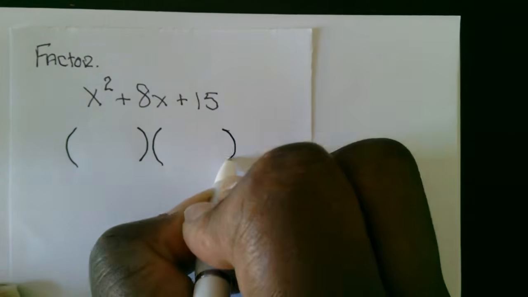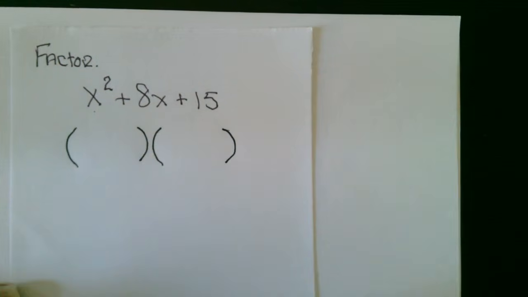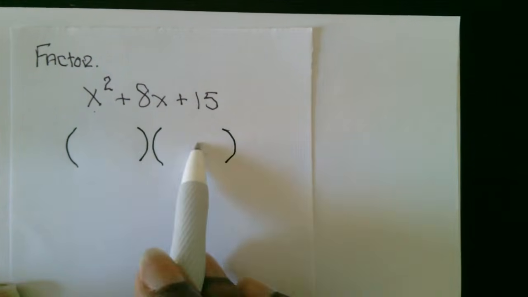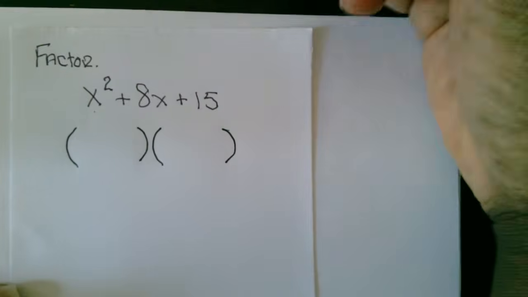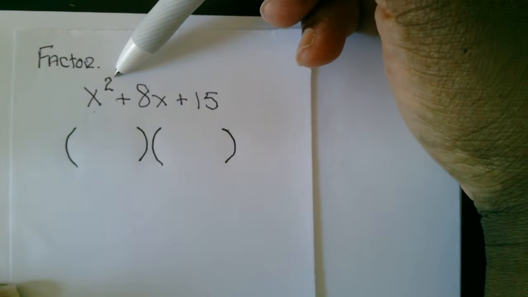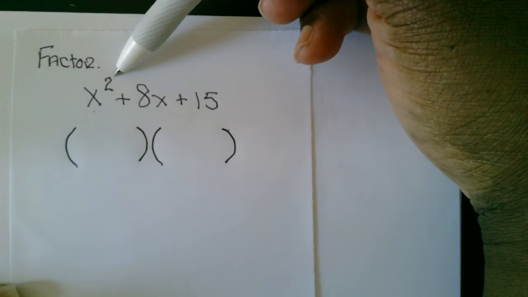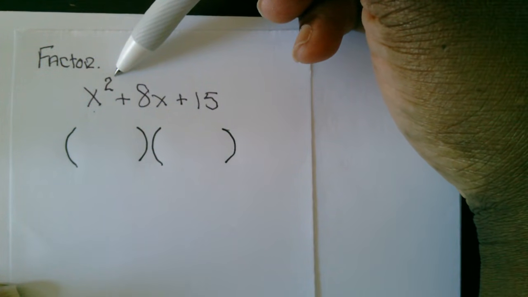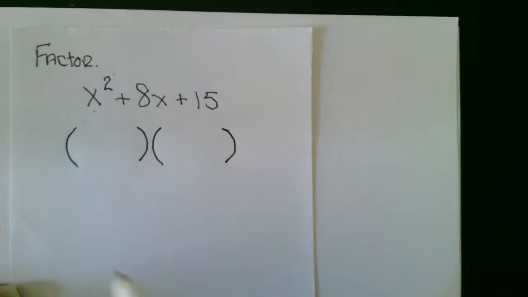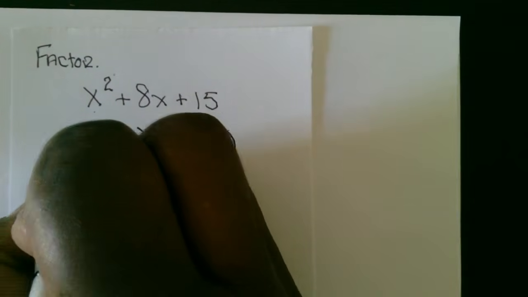I can go right into splitting my x's. The reason why I have 2 parentheses is my highest exponent is to the 2nd power. That means I'm going to have 2 roots, 2 zeros, or 2 solutions. So here I'm going to split my x's up.